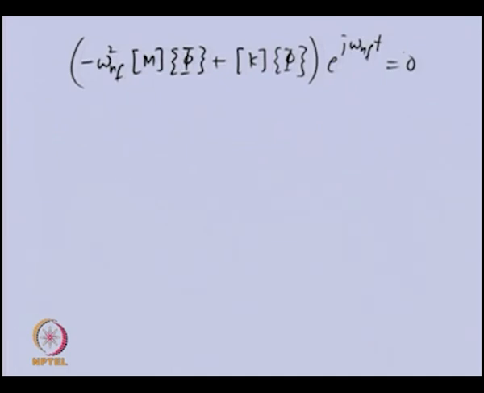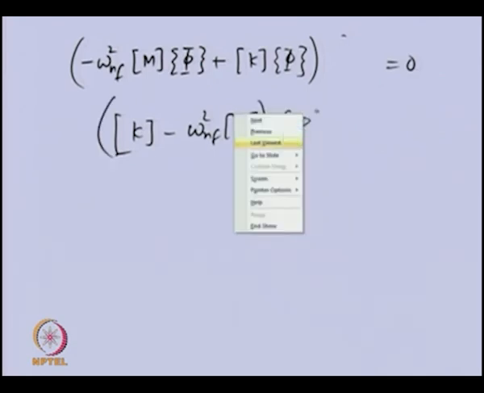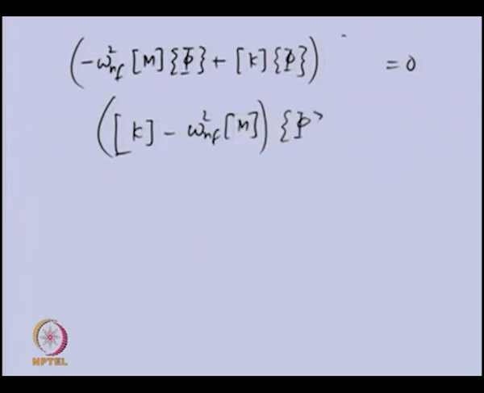Because this cannot be 0, we need to eliminate this. Here also we can simplify this as K minus omega square nf M, then the phi vector we can take common, is equal to 0.